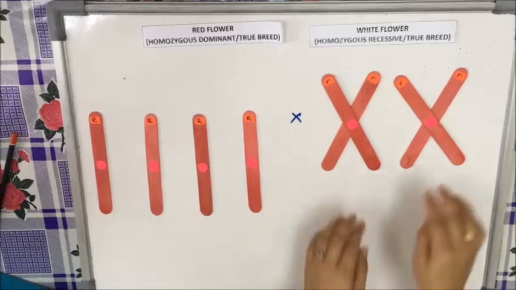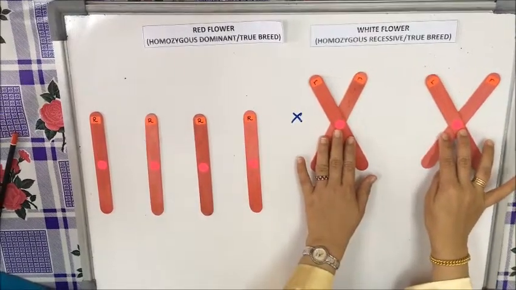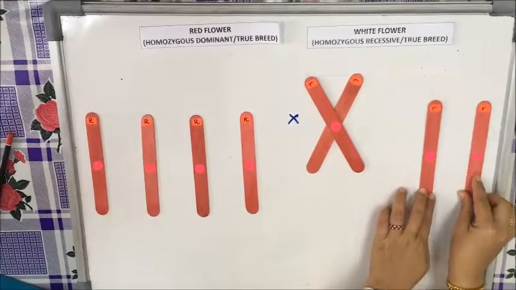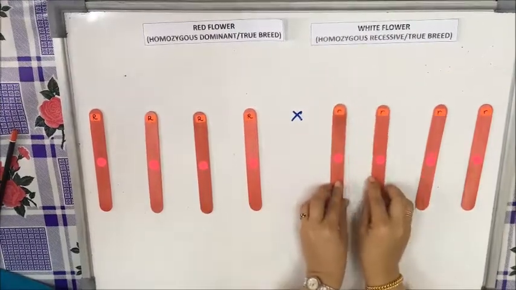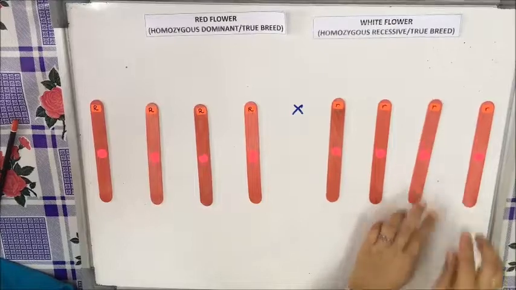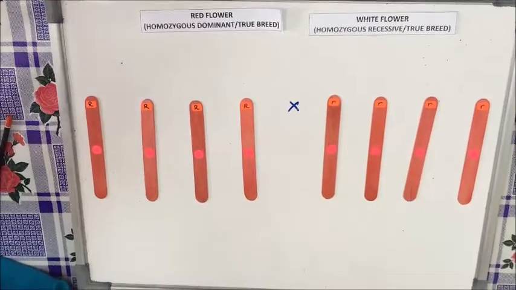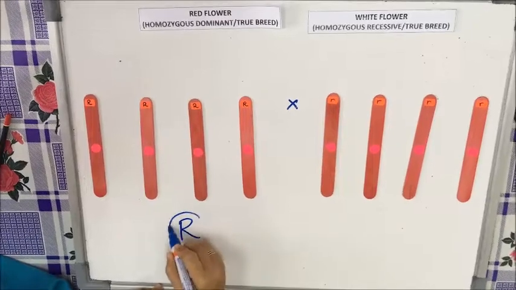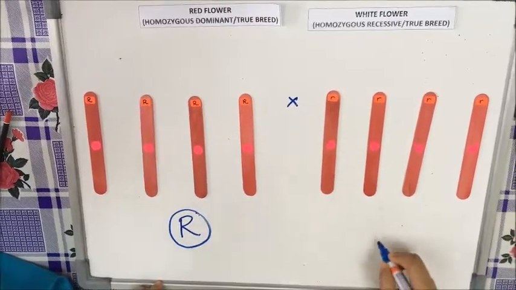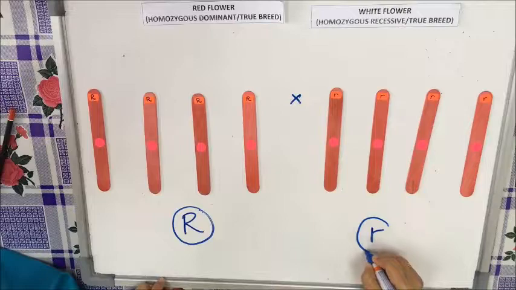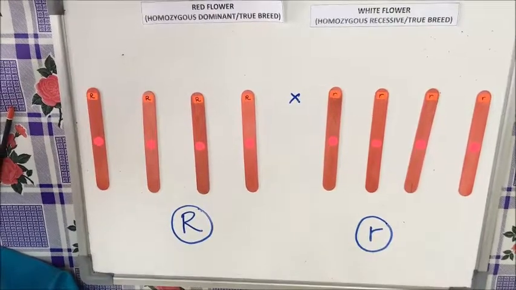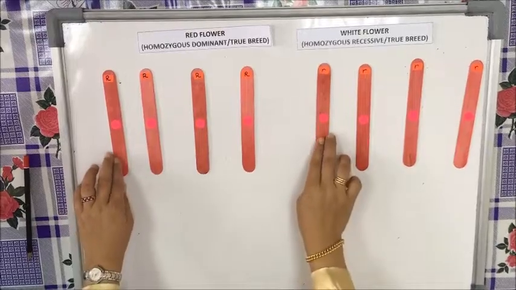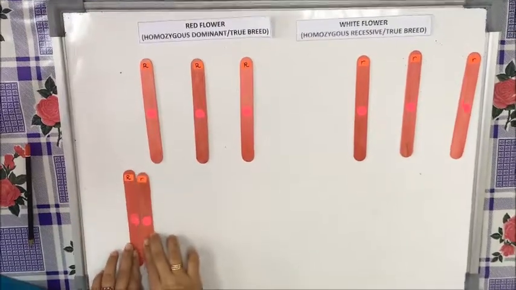During anaphase 1, homologous chromosomes will separate, and during anaphase 2, sister chromatids will separate. At the end of meiosis, each parent will produce one type of gamete. Fertilization of each gamete will produce red offspring which have a heterozygous genotype.